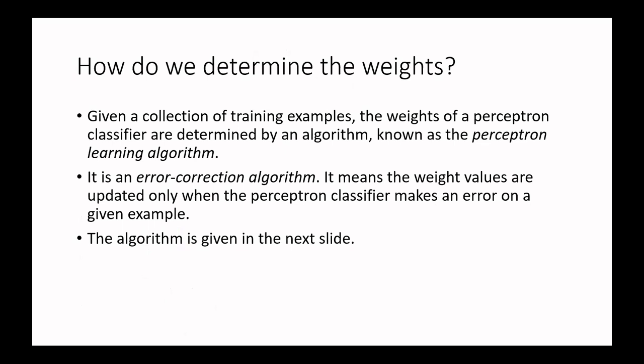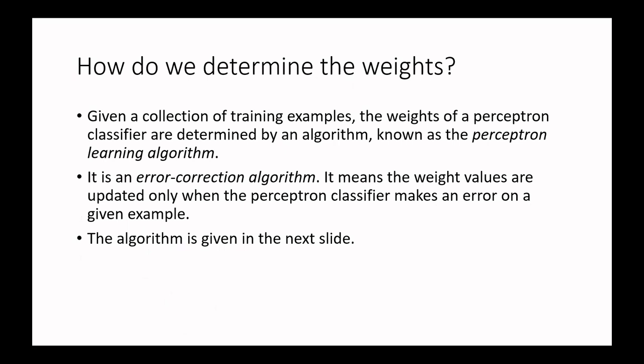So now we come to the question that you were asking earlier: how do we get hold of these weights? We assume that we are given a collection of training examples, and these training examples come from 2 classes, because we're trying to build a system for binary classification. These weights are determined by an algorithm known as the perceptron learning algorithm.